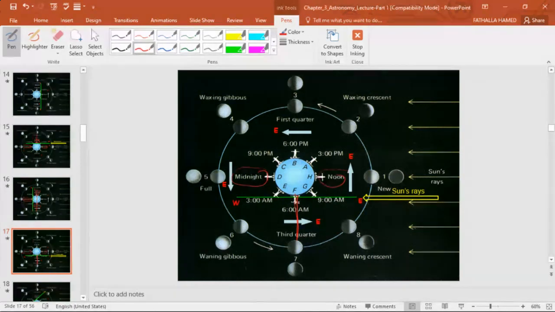So we say that the third quarter rises around midnight. It will be at the meridian, our highest point, around 6 a.m., which is sunrise, and then it will set around noon time. So you may actually see a third quarter during the day.